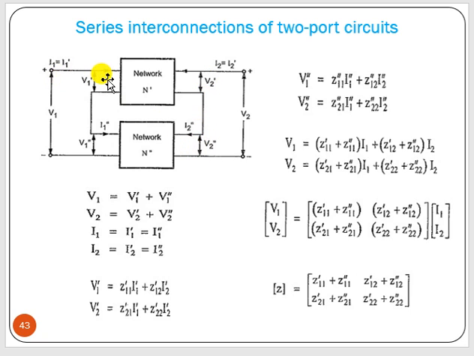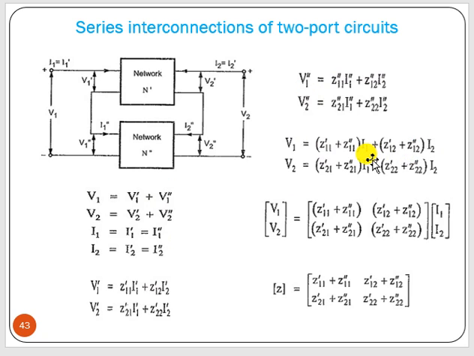And here, as this is series, the current will be the same. So I1 equal to I1 prime equal to I1 double prime, I2 equal to I2 prime equal to I2 double prime. Then we can write this in terms of V1 prime, V2 prime expression and V1 double prime, V2 double prime expression. Then we can add. So V1 and V2 are nothing but V1 prime plus V1 double prime. So that part we can add.